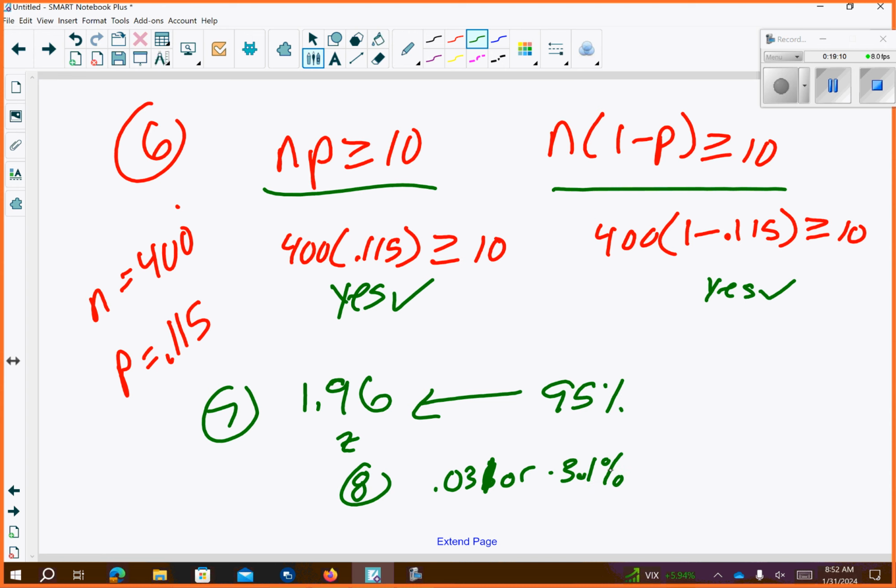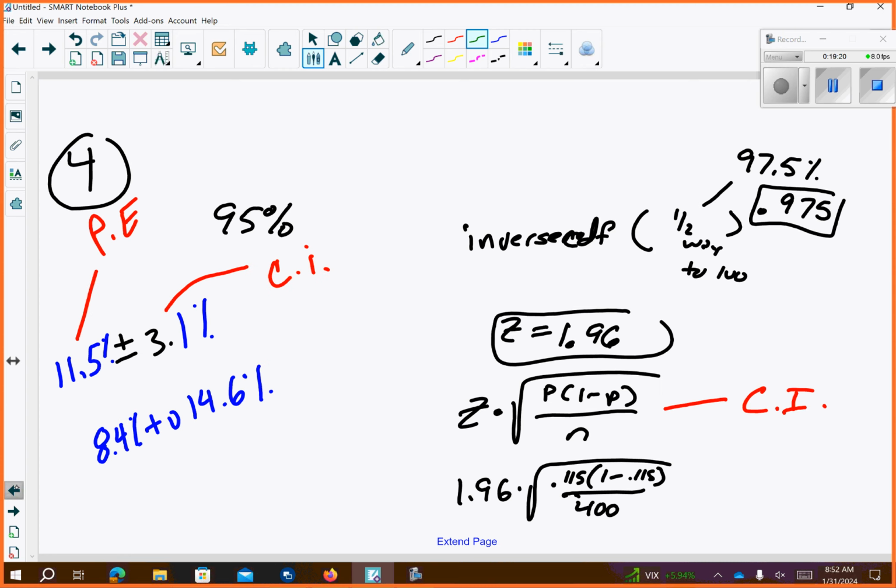Briefly explain what would happen to the margin of error if the confidence level is increased to 99%. What do you think? What's that going to do in this case? So if this becomes 99%, this here is bigger.